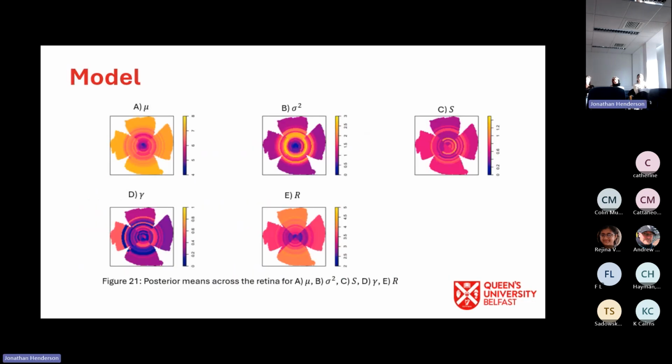So when we did this, there was very little change in the parameter estimates for our Gaussian random field parameters, so our mu, our sigma squared, and our S. But what we did find is that now our gamma is no longer close to 0. We have different values of it throughout the region, but that's because we've taken care of the hardcore process, or the fact that the cells have a hardcore, really.